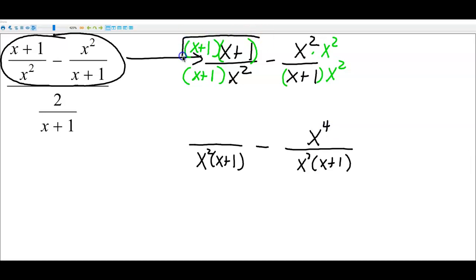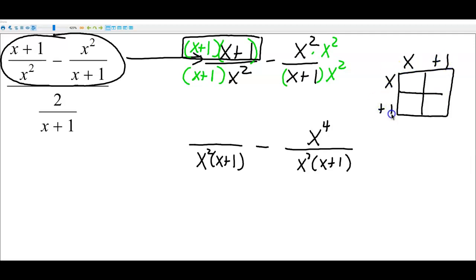How do I do this? This is the part that's kind of new for this problem. How do we do it? The box method. So if you have two binomials being multiplied, you got to do the box method. So x plus 1 times x plus 1. We have x squared.